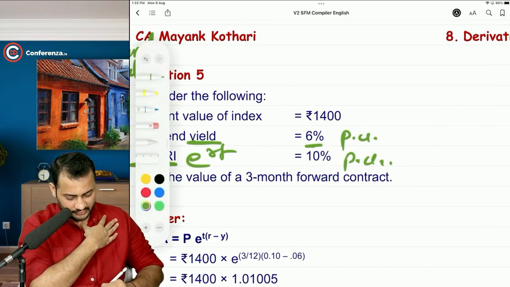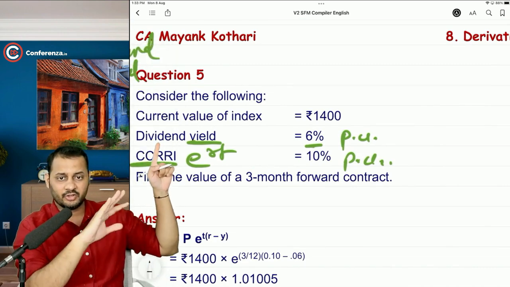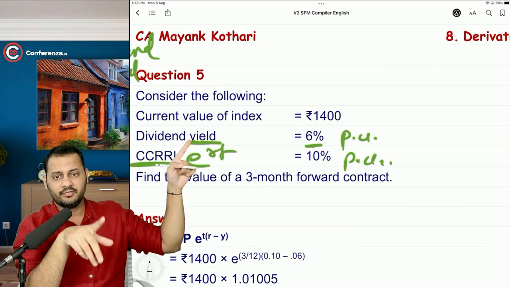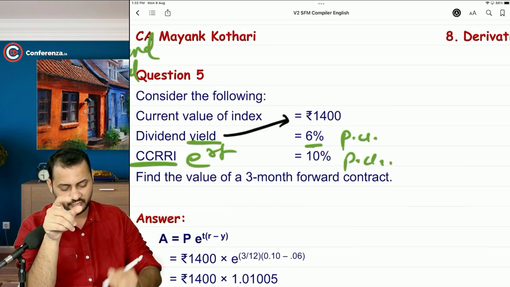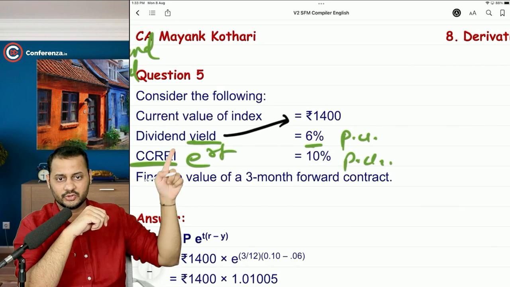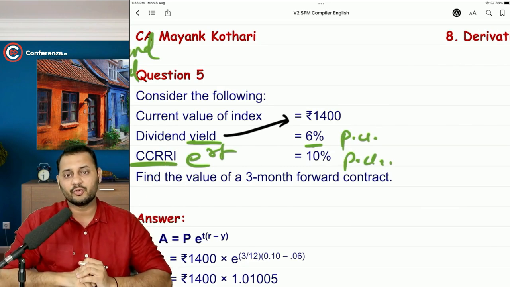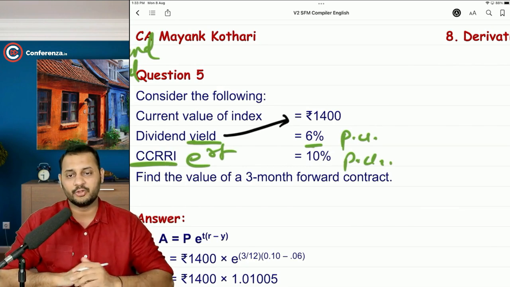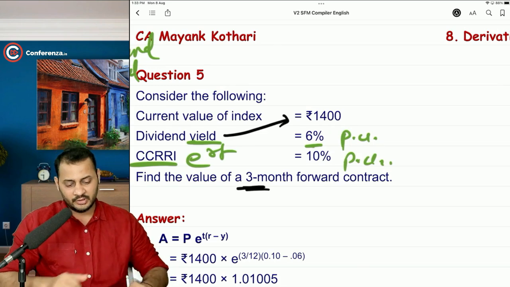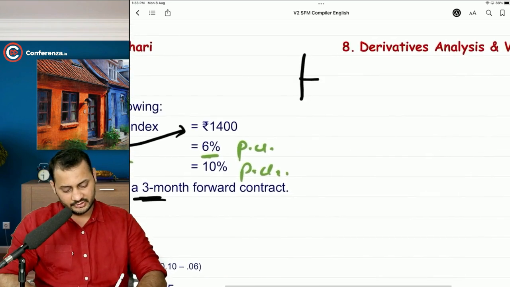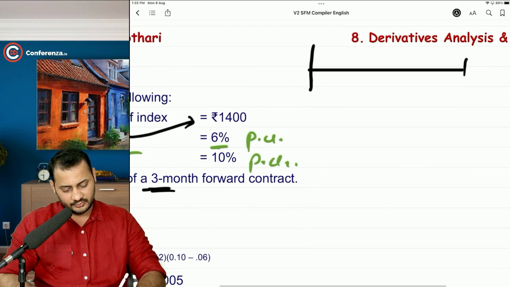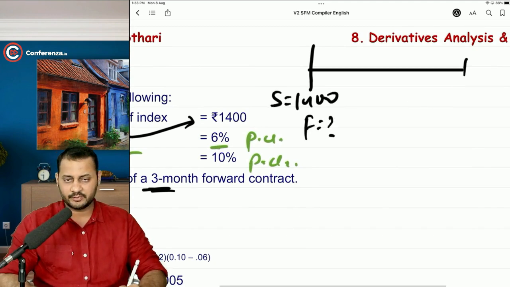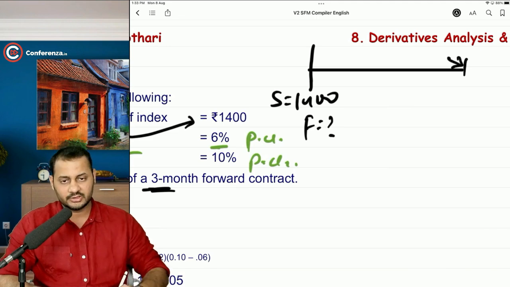Okay. First of all, this dividend is not declared by the company. If it is yield, it is calculated on 1400 rupees. R is also calculated on the 1400 rupees. So we have to convert that 6% and 10% to a 3 month rate. See, the question will be like this. The concept is this. This is the spot market's price, spot, and we need to find out the forward market's price at the end of the 3 months.